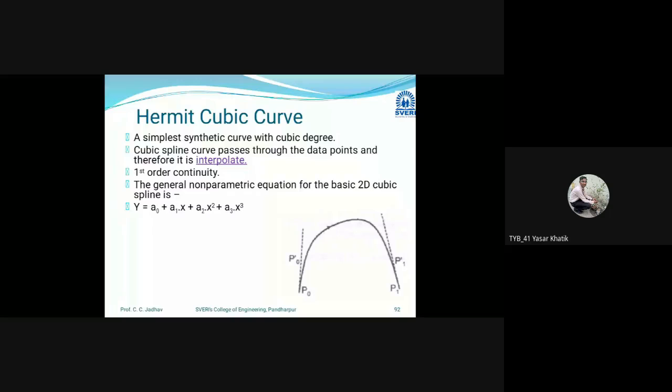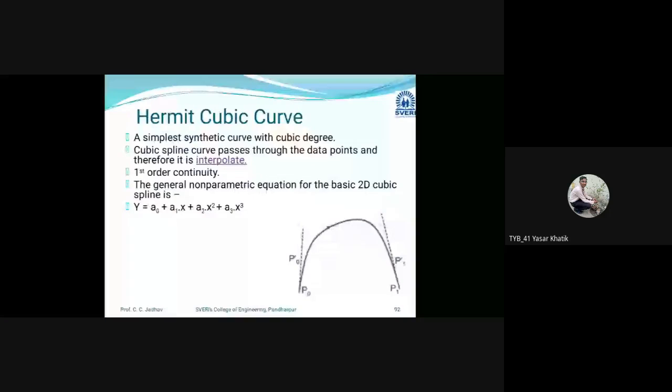It interpolates, meaning it passes through all the control points. This is the first order continuity, and the general non-parametric equation for the basic 2D cubic spline is y = a0 (constant) + a1x + a2x^2 + a3x^3. This is just the increasing order of continuity equations.